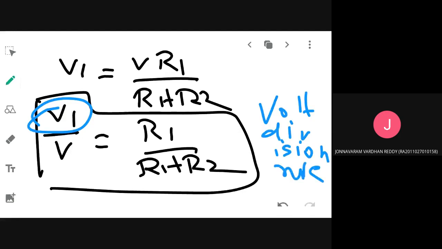That will be equivalent to the corresponding ratio of resistances. That is the easy way to define it: the voltage ratio will be equivalent to the corresponding ratio of the resistances. This rule is called the voltage division rule.